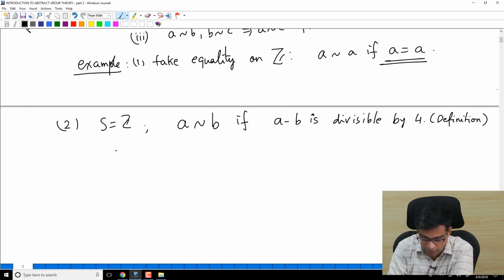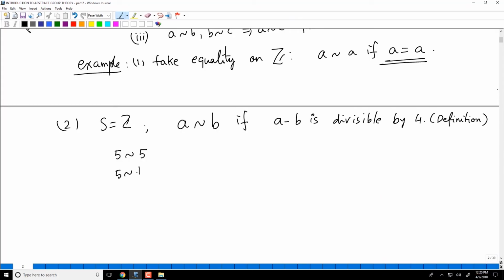For example, 5 is related to 5, of course, because 5 minus 5 is 0. So earlier equality was the only relation, but now we have more, because 5 is also related to 1, right? So 5 is related to 5 because 4 divides 5 minus 5, which is 0. But 5 is related to 1 because 4 divides 5 minus 1, which is 4.